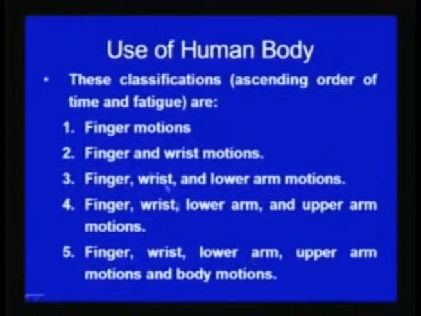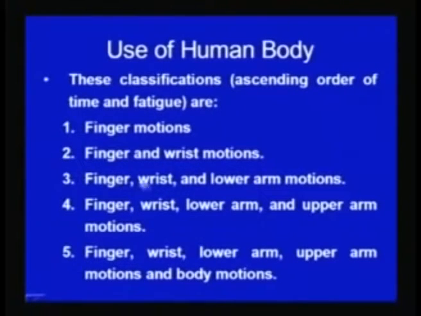So, as I have said earlier, the classification of the body parts from 1 to 5 is like this: classification 1 covers the fingers motion only, classification 2 includes the finger and wrist motions, and classification 3 covers those motions which include finger, wrist and arms.